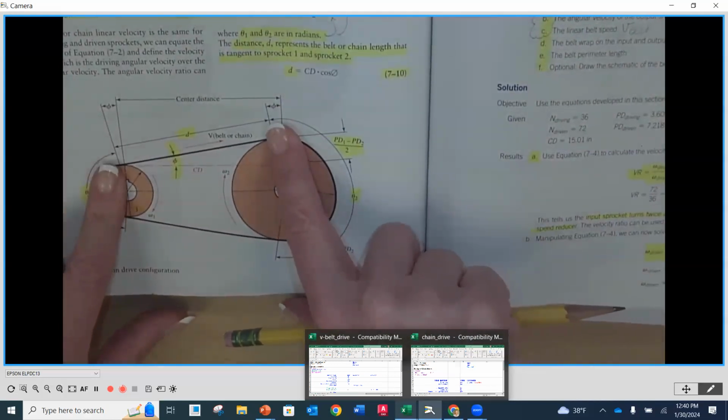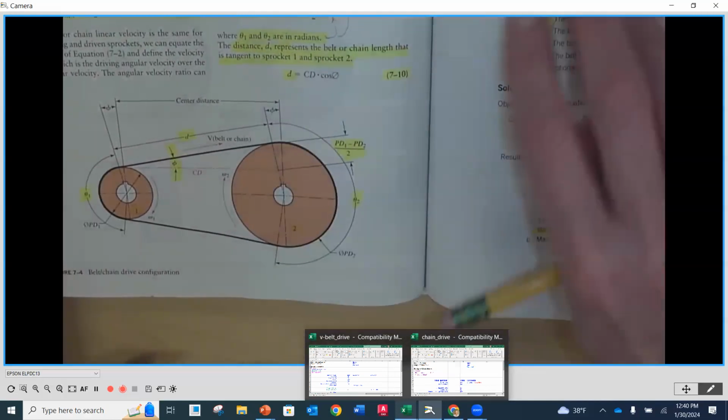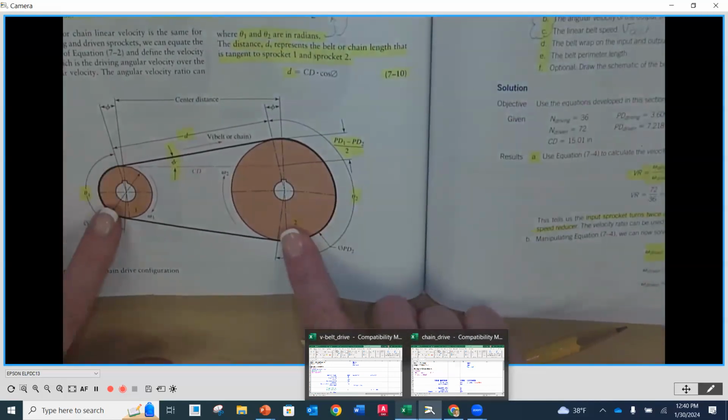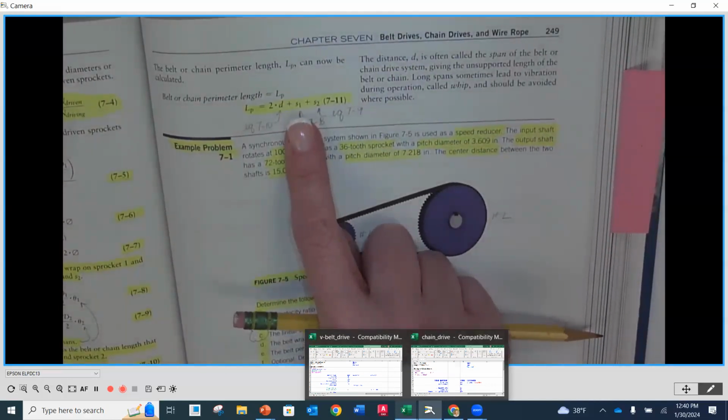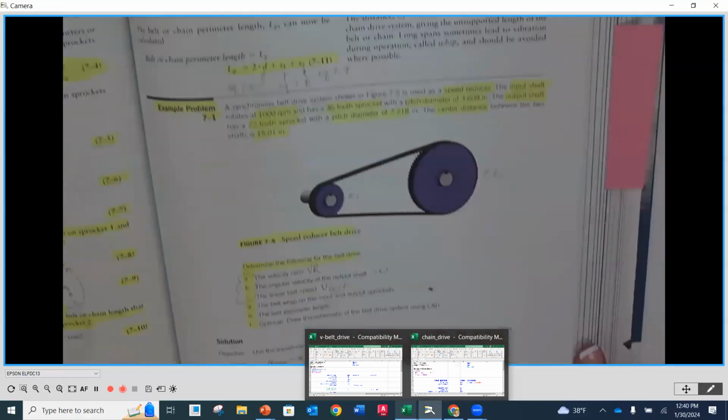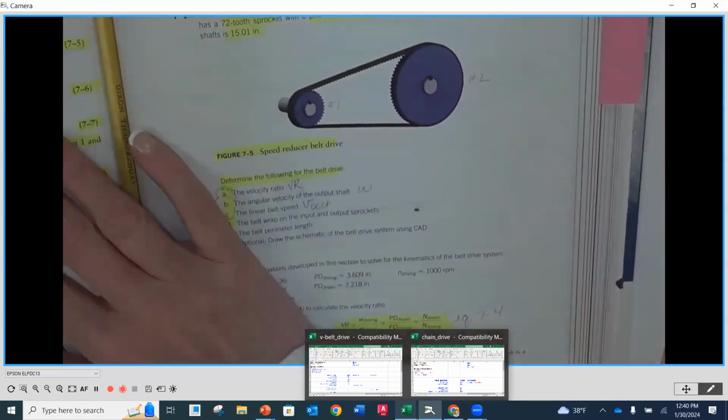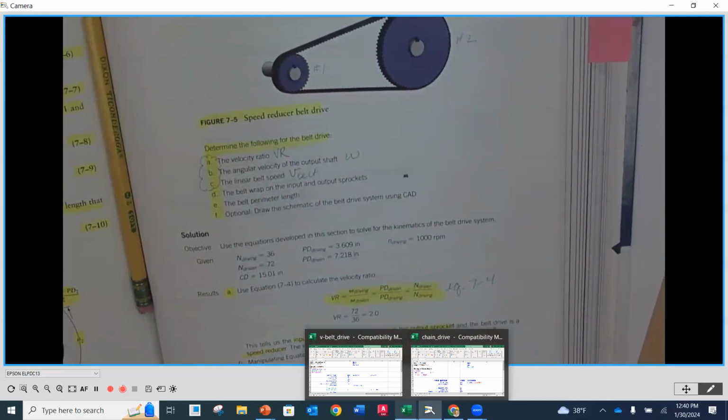By using the wrap on either side and those distances, we can get the full length of the belt. Now, notice that this belt is continuous.